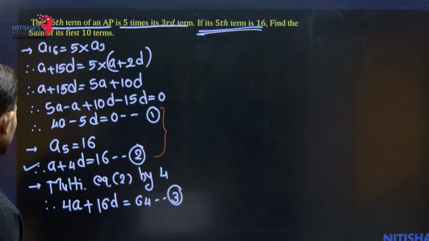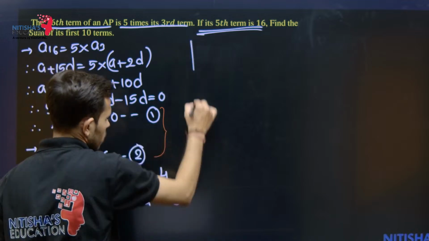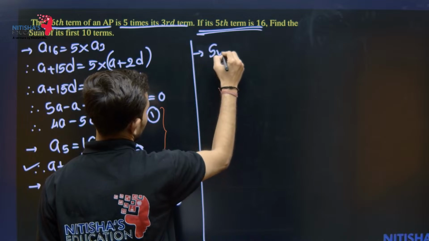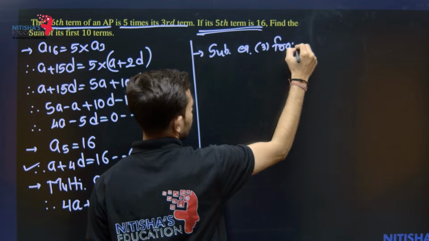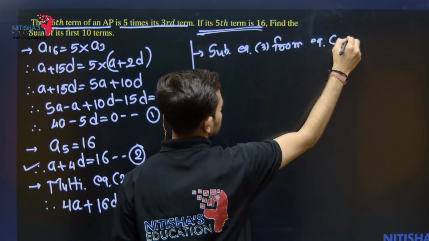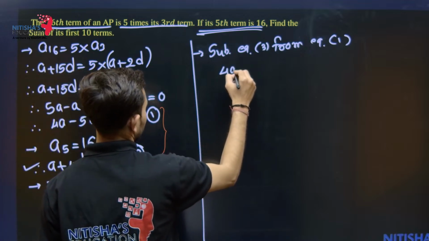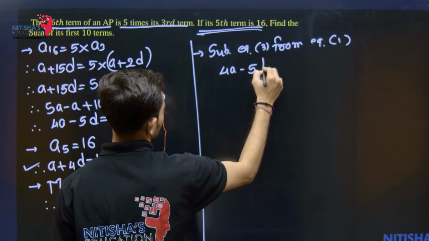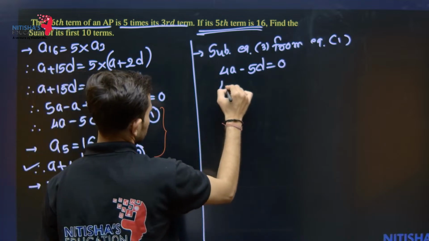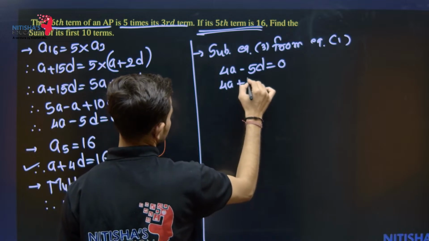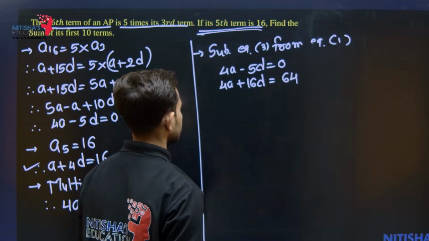Now we need to subtract equation 3 from equation 1. Equation 1 is 4a minus 5d is equal to 0, and equation 3 is 4a plus 16d is equal to 64.